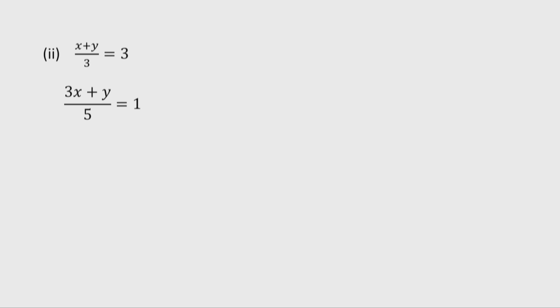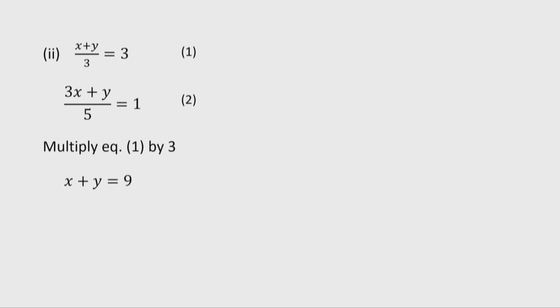x plus y over 3 equal to 3. 3x plus y over 5 equal to 1. So the first step will be to label our equations 1 and 2. I will multiply equation 1 by 3 to cancel the denominator.